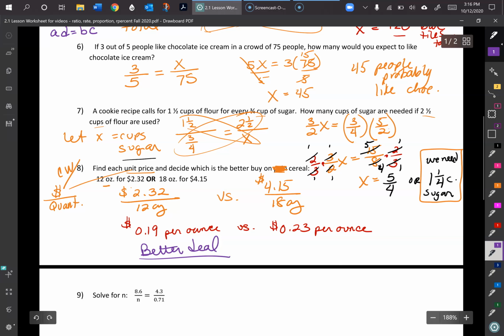Okay. One thing to be careful of, notice I wrote VS meaning versus, because this isn't a proportion like up here. We weren't trying to do any solving of anything.